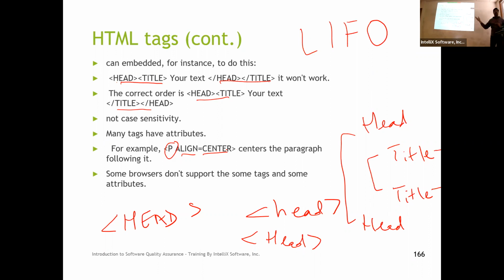One of the tests I talked about is compatibility testing, to say, hey, does your application work in this browser and that browser? The reason is that all the browsers don't support all of the tags. Like, Microsoft has defined some additional tags that are used only in Edge that won't work in Chrome, and vice versa.